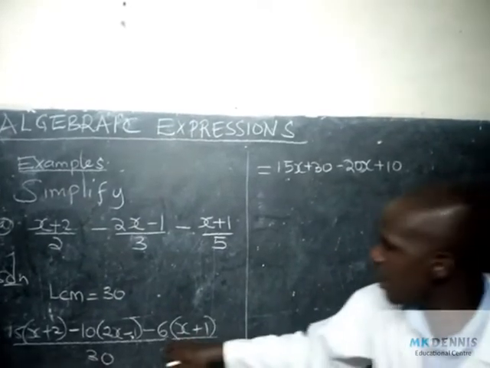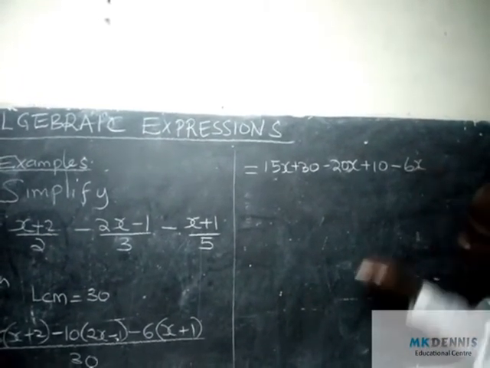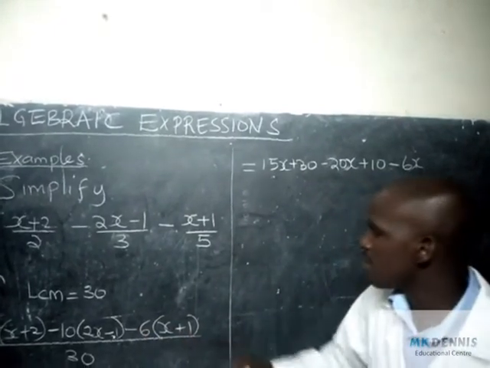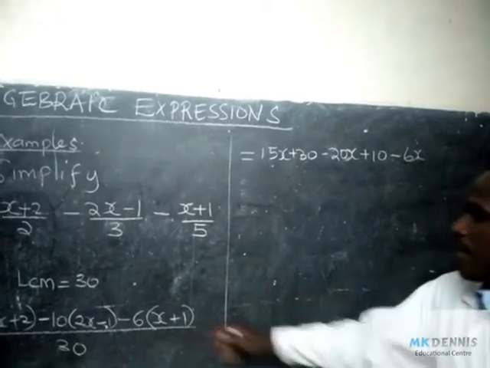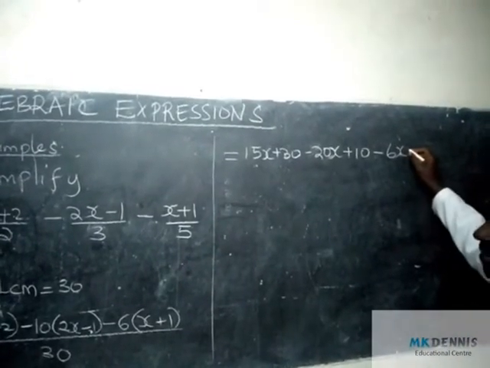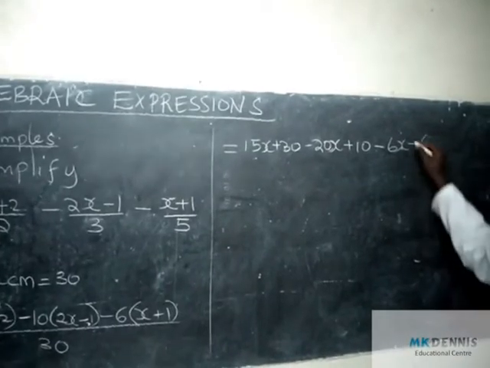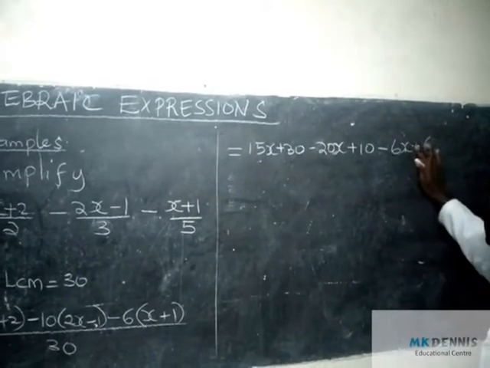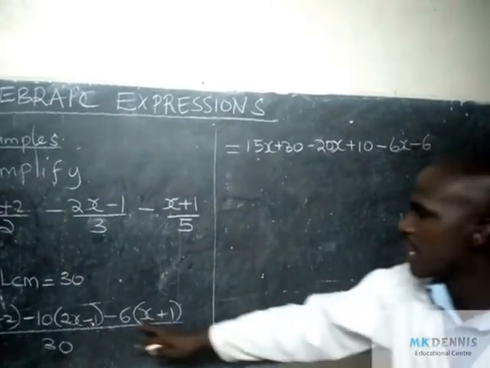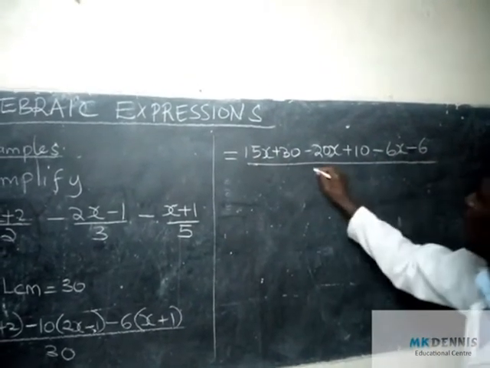Then minus 6x, and minus 6, because it is a negative and a positive. All of this is over 30.